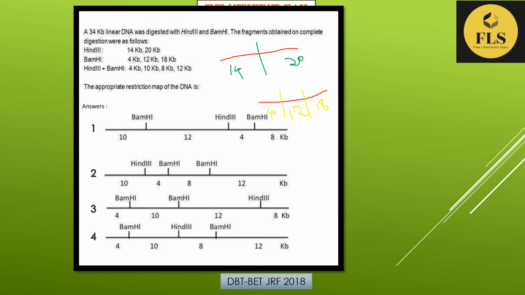Can you see any fragment of 10 kb in BamHI? No, definitely the first will not be a 10 kb fragment if it is cut with BamHI. It can be 4 or 12 or 18, but it cannot be 10. So we can eliminate this option.